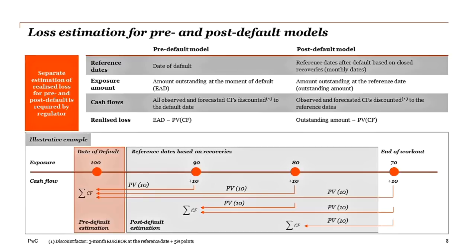This information is based on one observation in the historical observation period, available before or at the time of default. All the other recoveries in the coming period, identified here as 90, 80, and 70, which might be within or outside of the so-called recovery observation period, all happened in the so-called post-default time period.